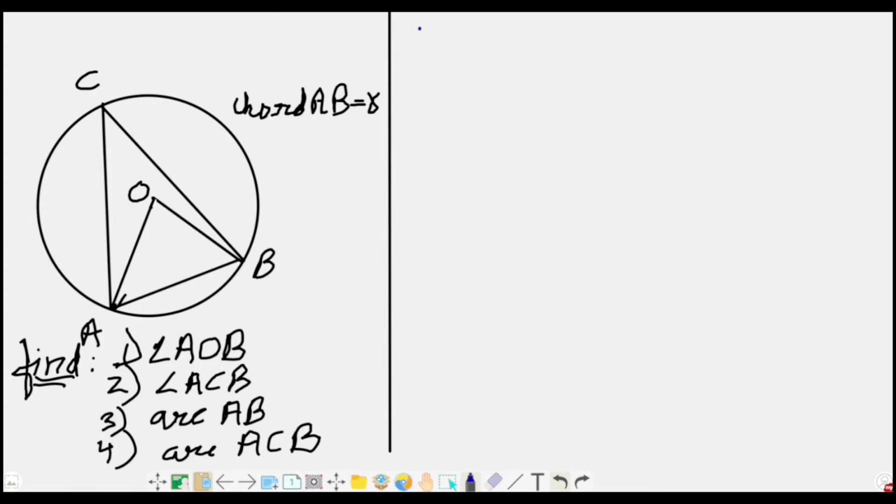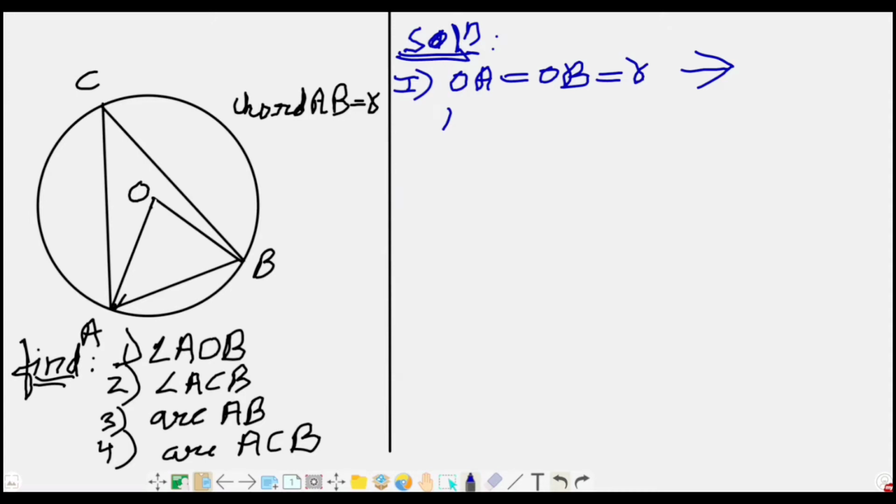Now let's solve the sum, students. When you look at the figure, your OA is equal to OB, both are radii of the same circle. That is given.